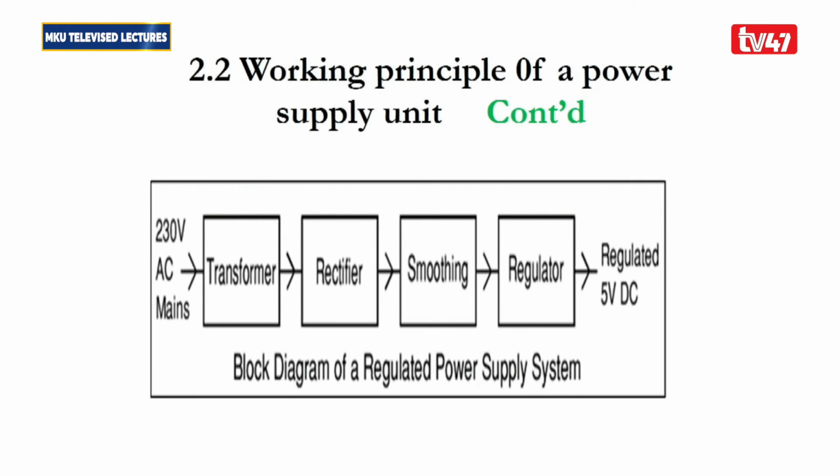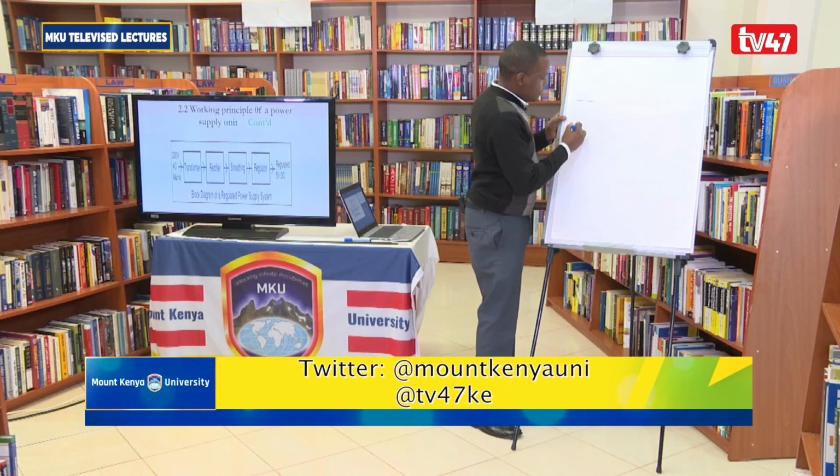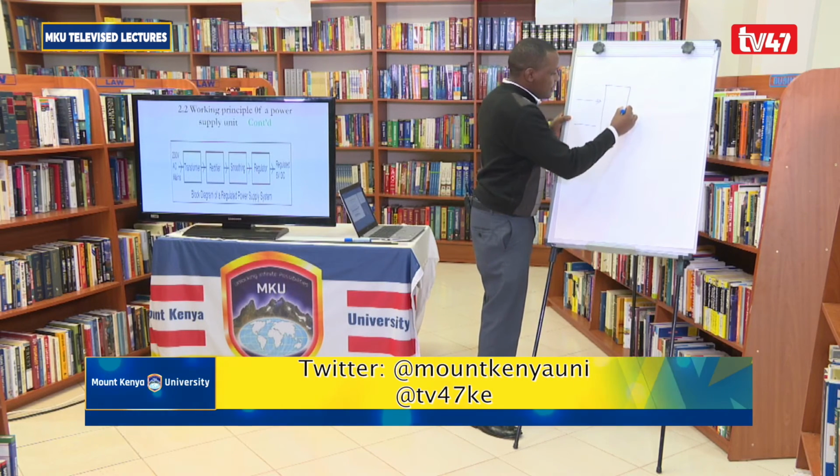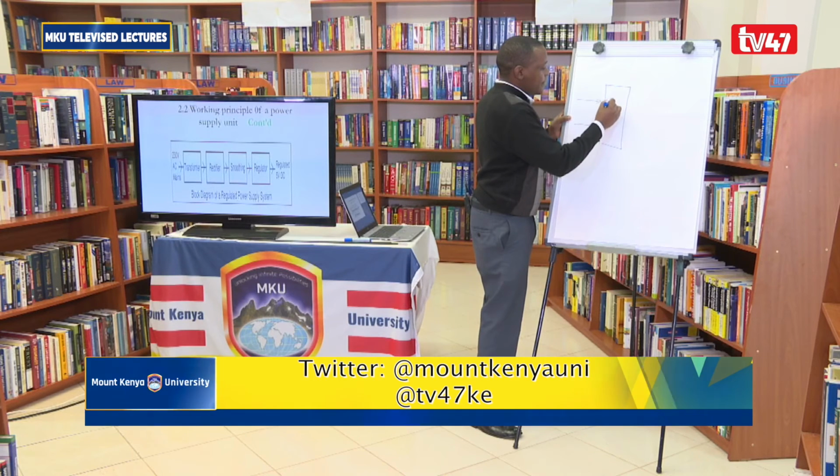So the working principle of a power supply unit looks in this structural format, where the power is received by the transformer, then it passes through the rectifier to the regulator, and then to the different components. So let me have a clear representation of that diagram here on this chart. The power gets into the power supply unit, and it is received by the transformer.